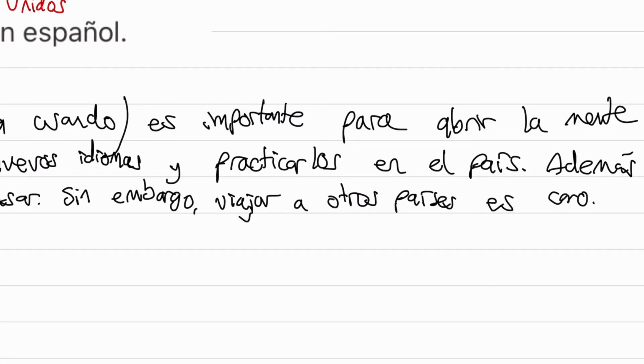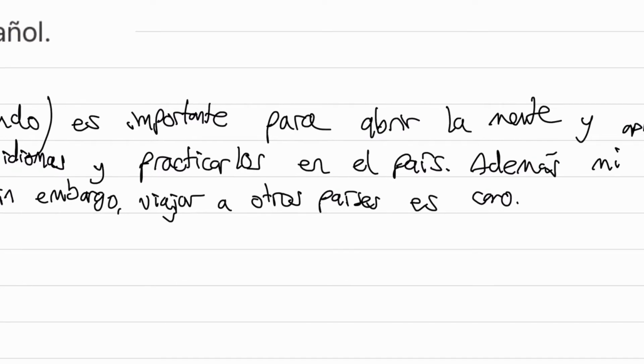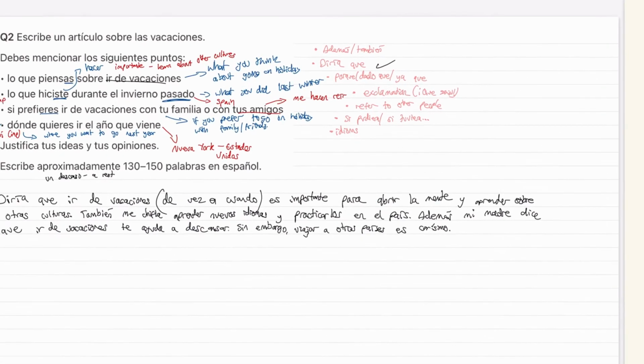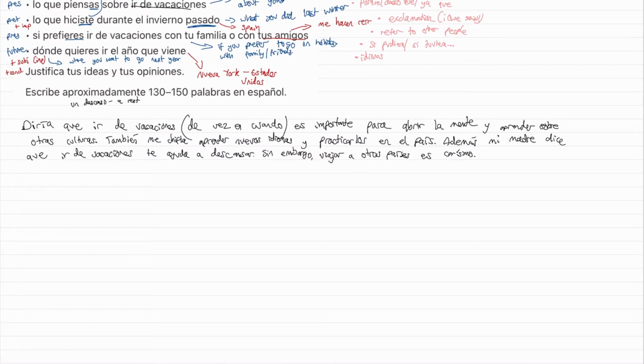It is expensive. Okay? Barato is the word for cheap, caro is expensive. And actually, instead of just caro, let's make it even slightly better and use the ending ísimo. This exaggerates it. It's really expensive. Es carísimo instead of just caro. Good. So that would be my first paragraph there.